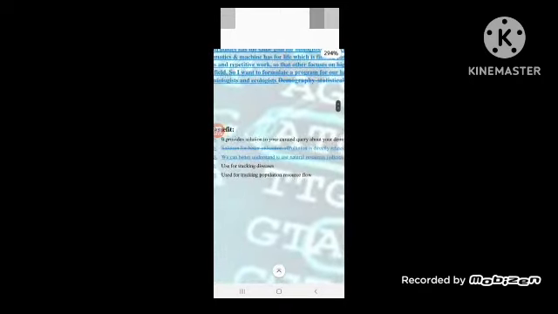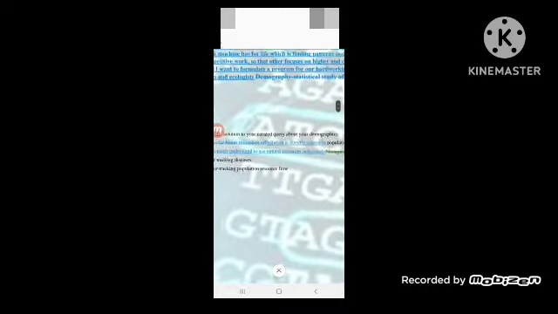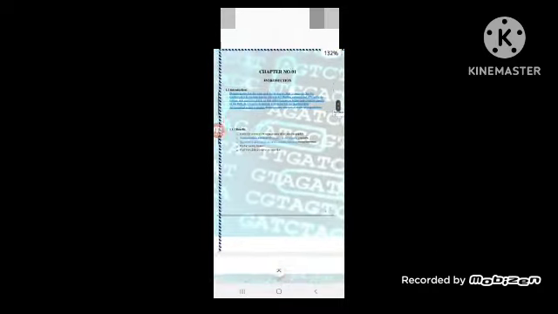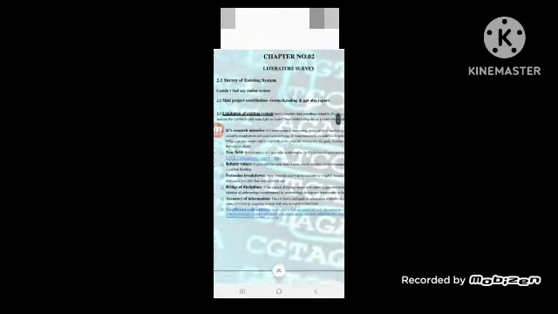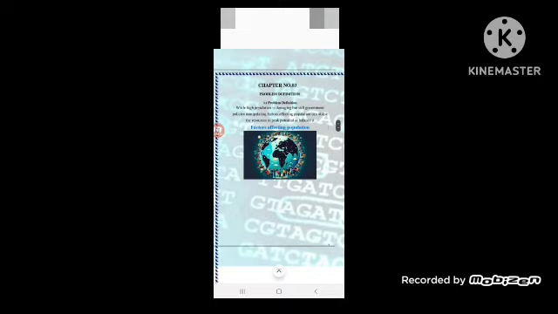I wrote ecology, I think it misspelled it or something. I don't know why there are strikes on the words. Okay, right, here we go. Okay, I guess you get it, right?